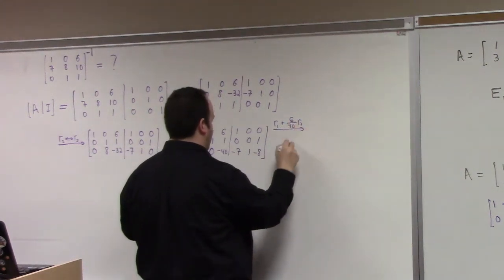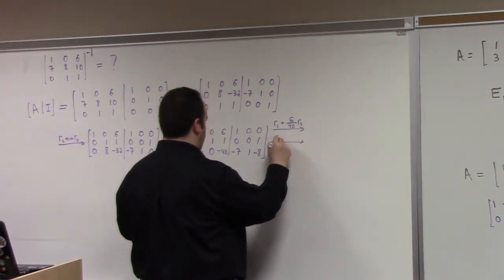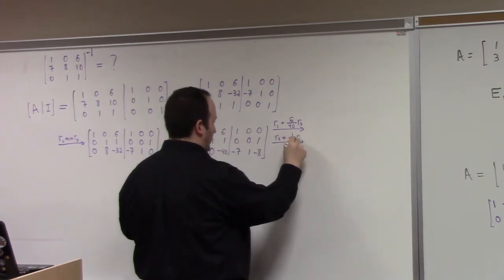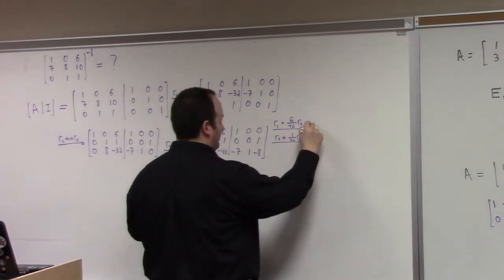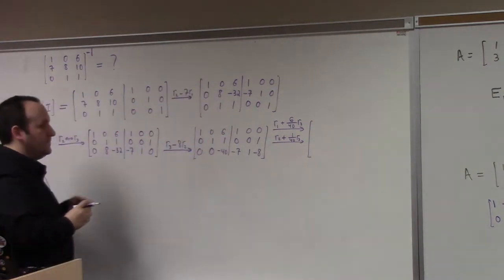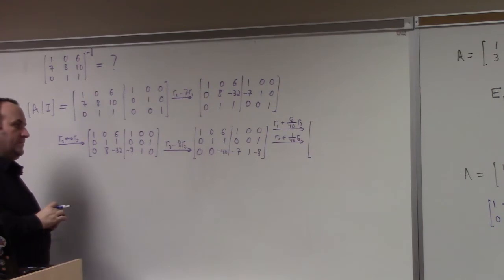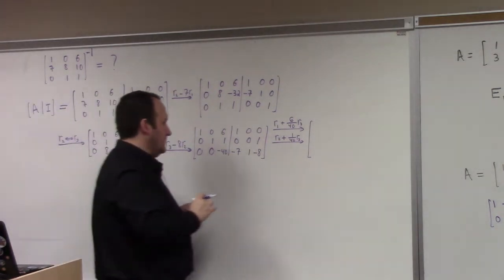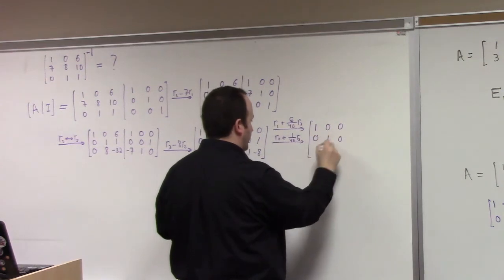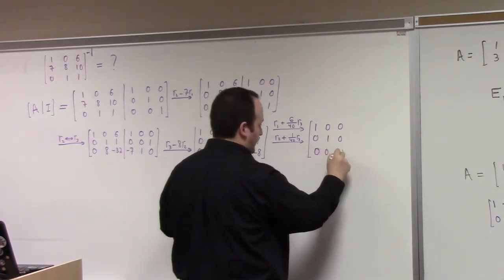Row 3 and row 2 minus, or excuse me, row 2 plus 1 over 40 row 3, right? And so that gives us 1, 0, 0, 0, 1, 0, 0, 0, minus 40.